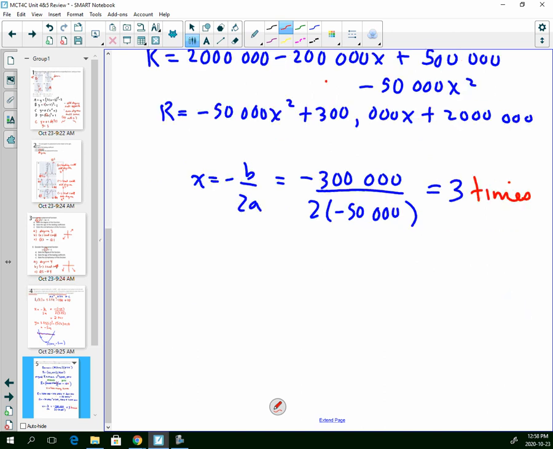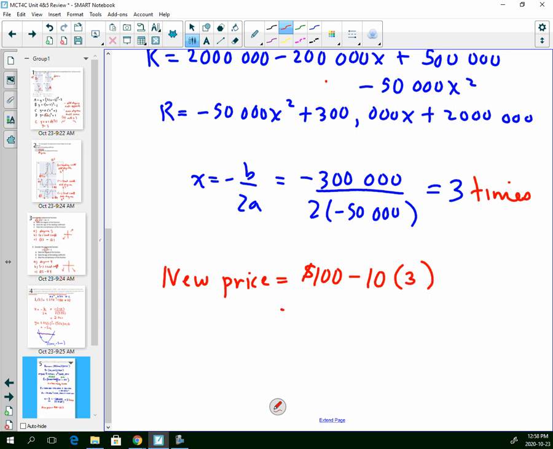So it wants to know the new price. So the new price would be the old price, and we were dropping it by $10, and we're going to do that 3 times. So the new price is going to be $70. How many tickets am I going to sell?